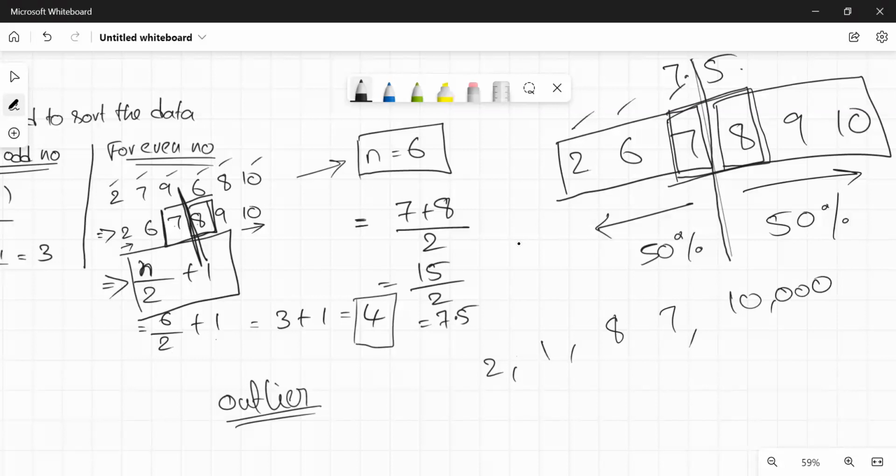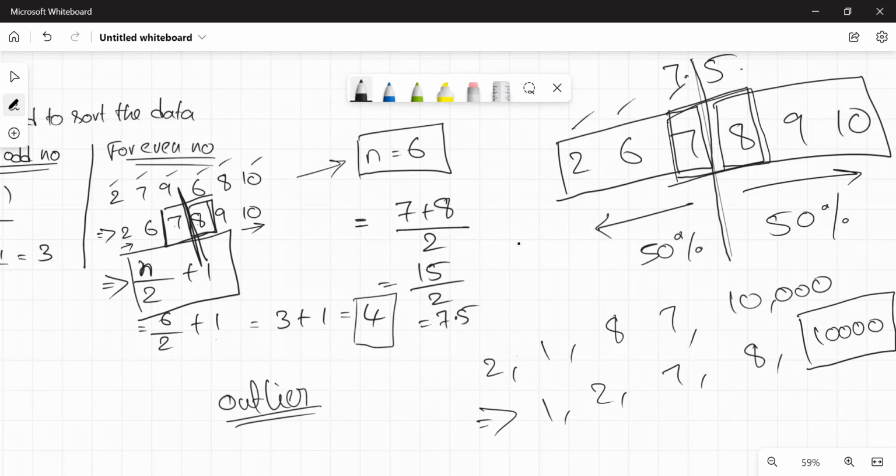And now you need to find out the median of the data, right? So how to do that? Whenever you sort this data, that is 1, 2, 7, 8 and 10,000, no matter how big the number is, we don't really care about that.